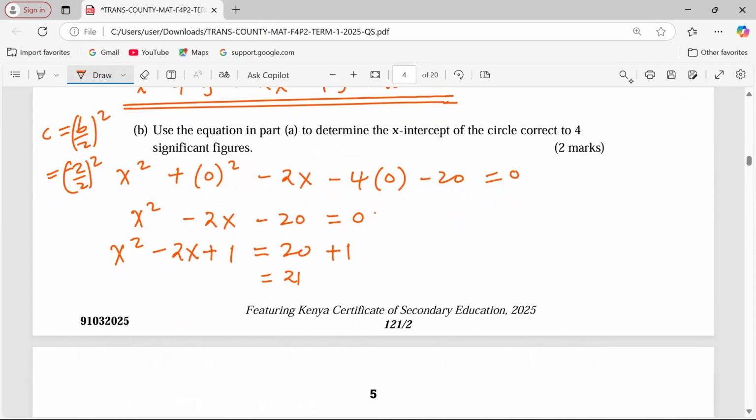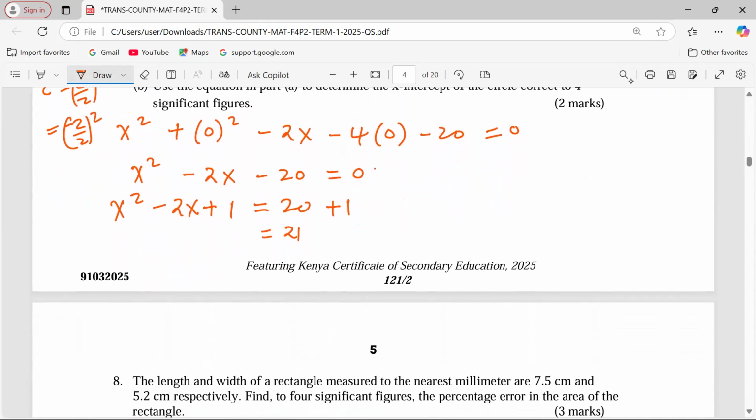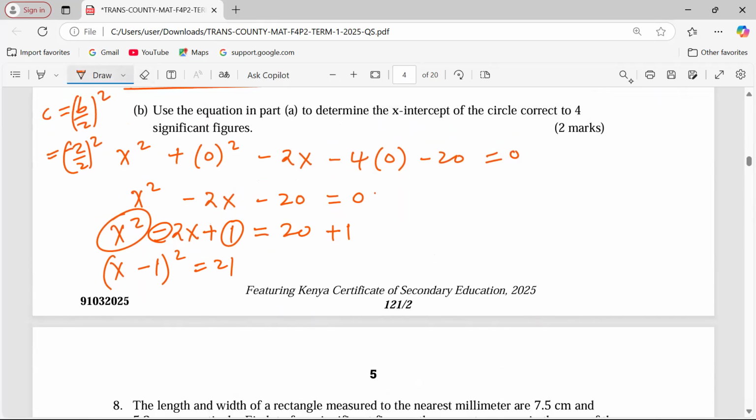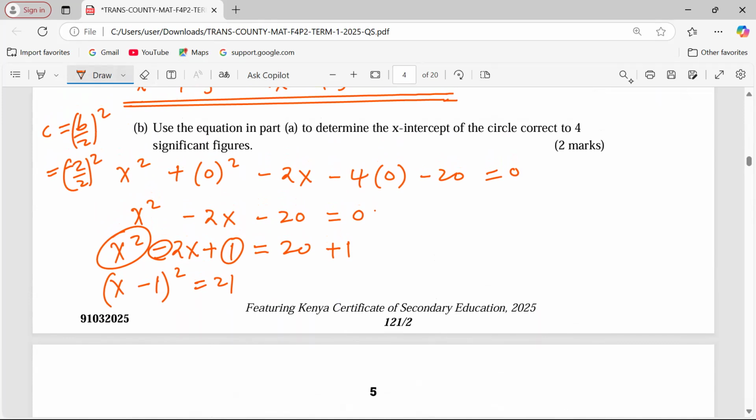So we'll be having 21 here. And on the other side, we can actually factorize it. To factorize a perfect square, we need the square root of the first term, x, the sign that follows, which is a minus, the square root of the constant, which is 1, all squared, equals 21. With this, we can get the exact values of x now.